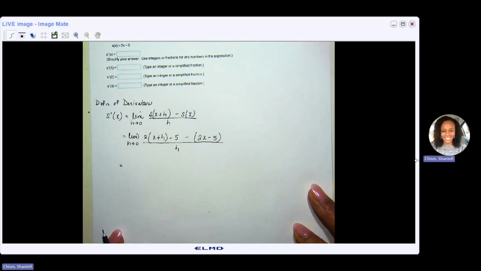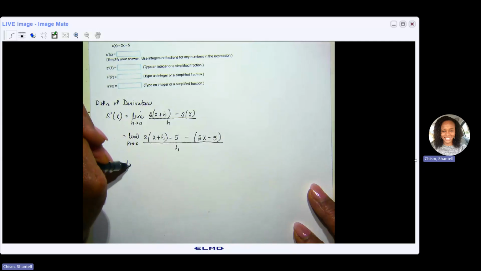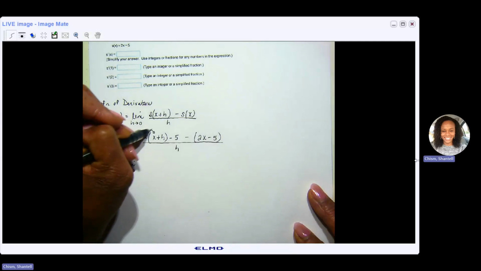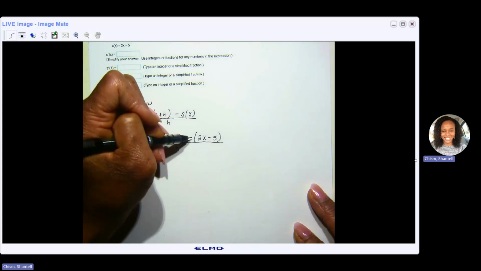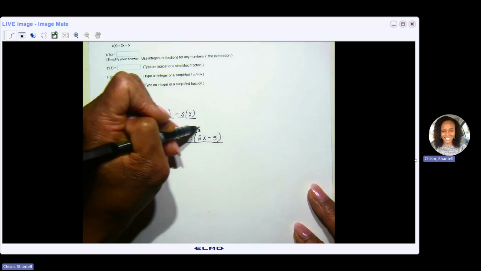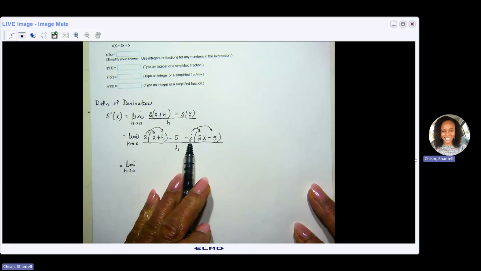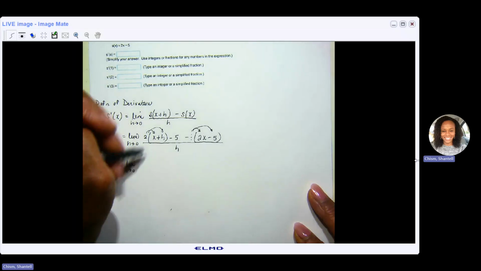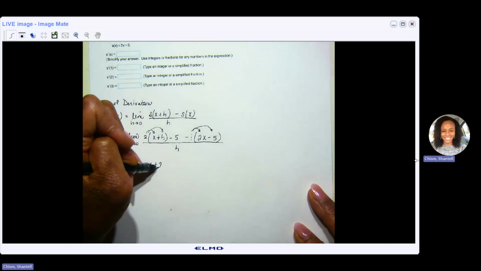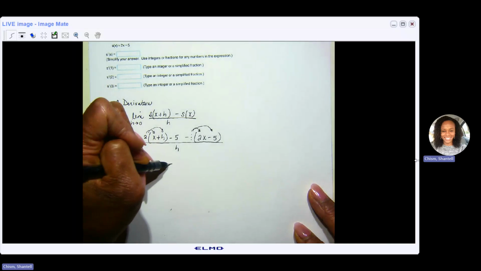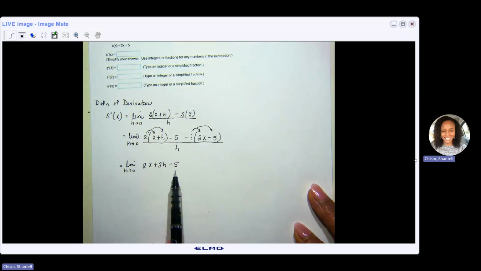Okay? Cleaning this up, continuing to go through it. So I'm going to use the distributive property to get rid of the parentheses there. And I will even use the distributive property here to distribute that negative sign. Okay? So I've got 2x plus 2h, and then I've got this minus 5 that's just kind of hanging out. It's not affected by the 2.